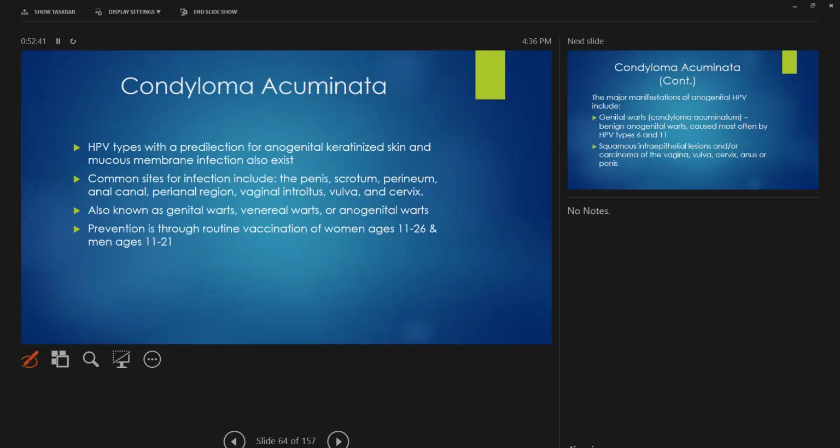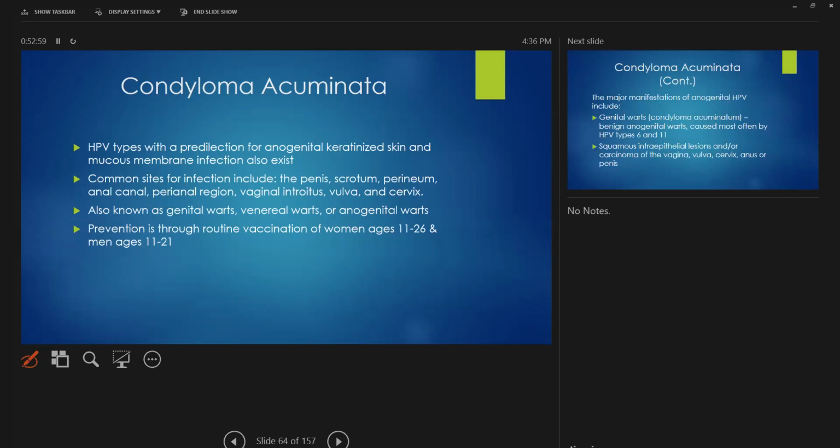Condyloma acuminata, so a wart, but this is an HPV type genital warts. There's anogenital keratinized skin.